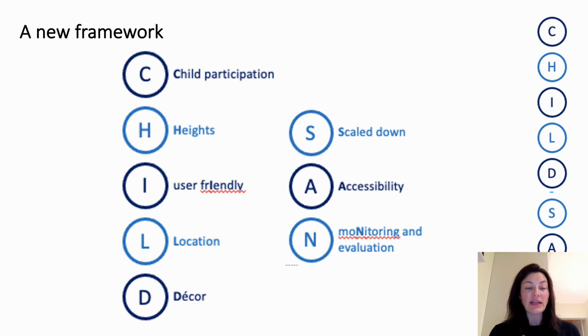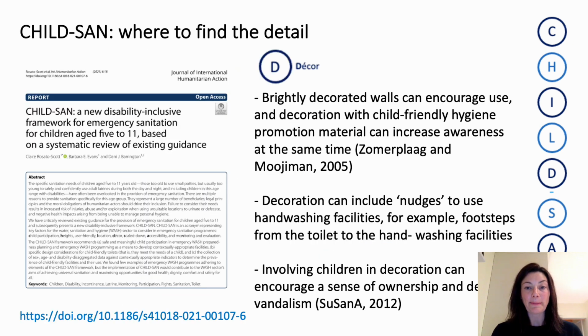For example, C represents child participation in the design of sanitation facilities. We've written a paper on Child SAN, which was published in the Journal of International Humanitarian Action, and it's an open access paper. It provides all of the detail for each aspect of the framework, which I won't replicate here. Instead, we've provided D for decor as an example of what you can expect to find.